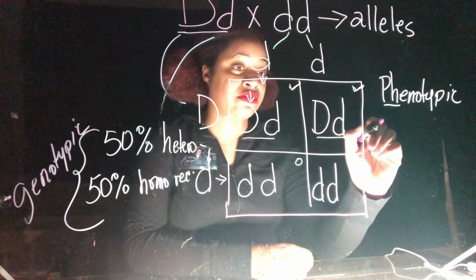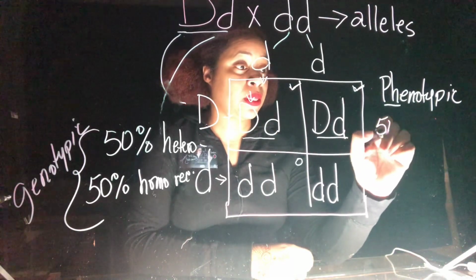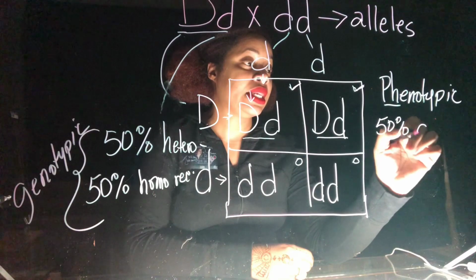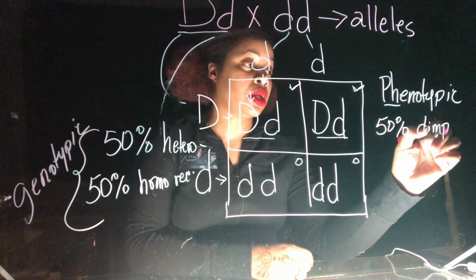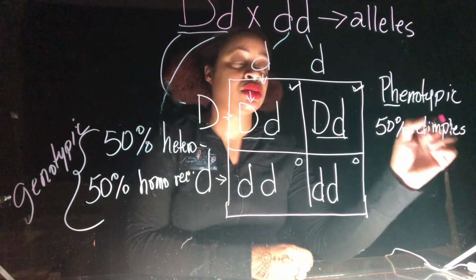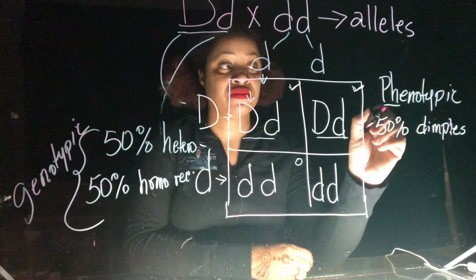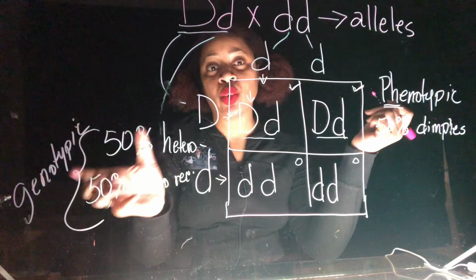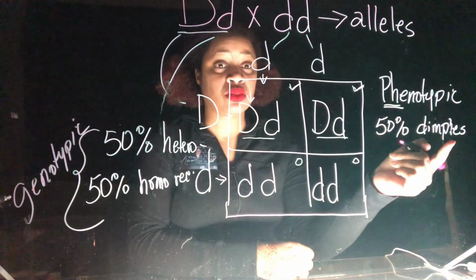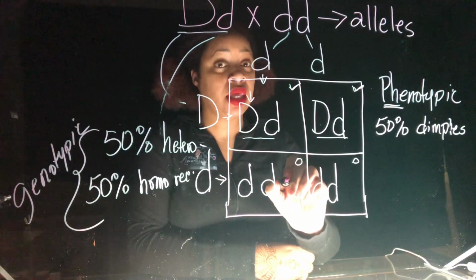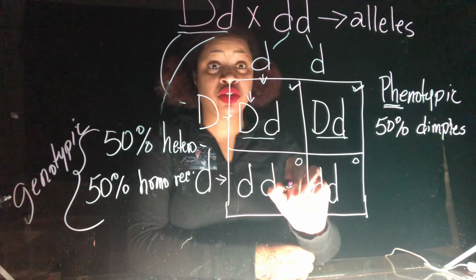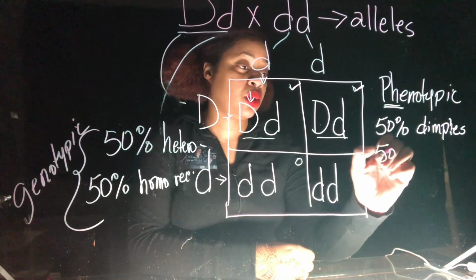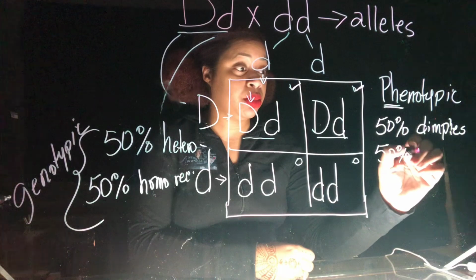So I have 50% dimples. Notice I didn't use the letters because phenotype is the physical. What are the genes coding for? So 50% would have dimples, and you got it right, 50% no dimples, right?